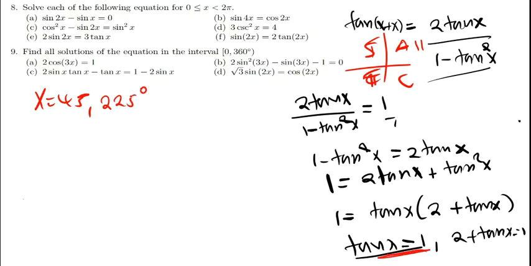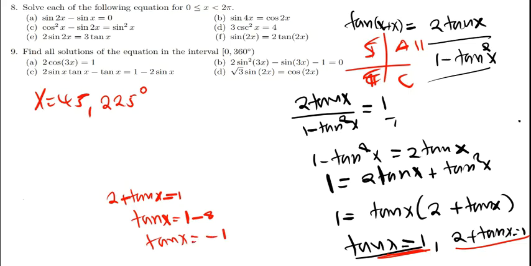Now let me work out with that one. I'm going to say 2 plus tan x is equal to 1. Tan x is equal to 1 minus 2. Tan x is equal to negative 1. So it's like this.